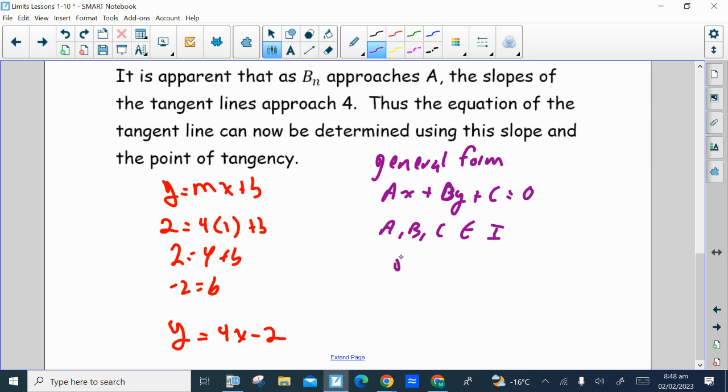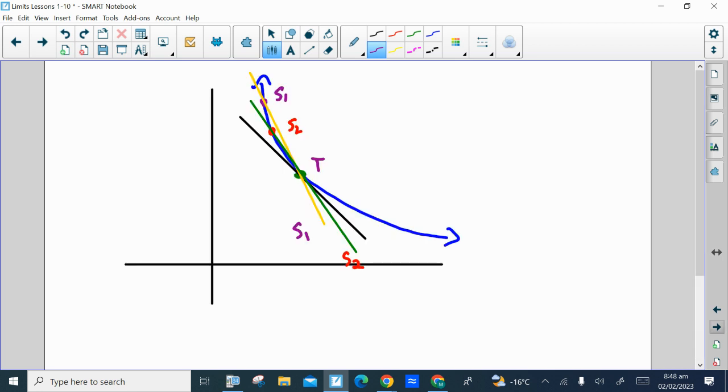And also normally a is greater than 0, so it's positive. That's the general form of a line. We learned about that back in 10C. So we want to write this new equation in that form.